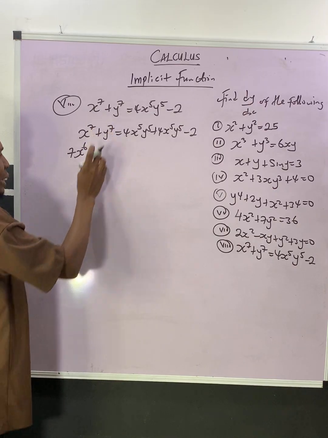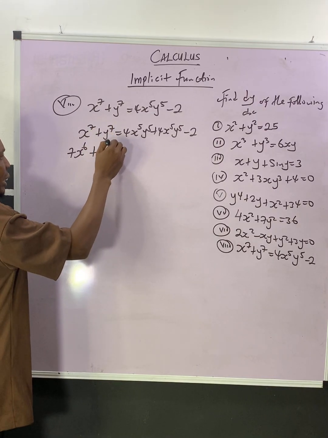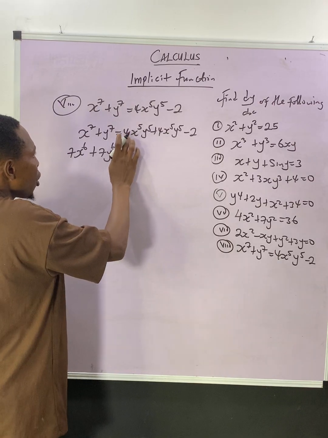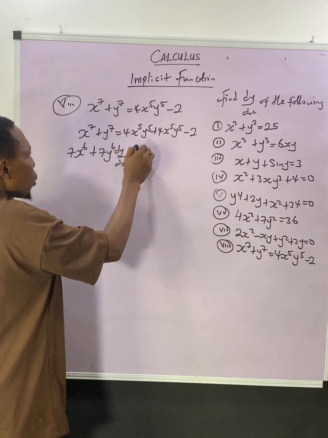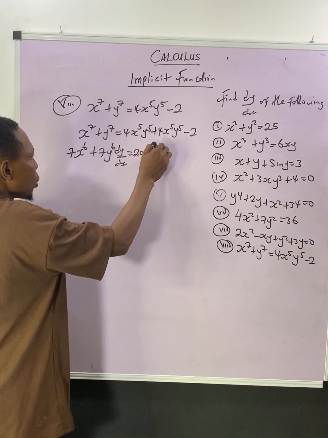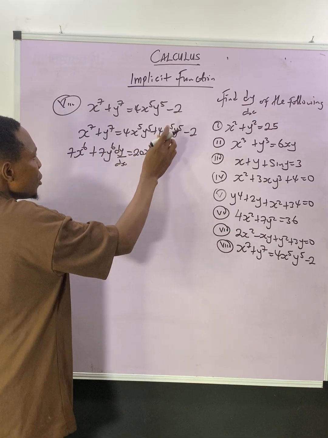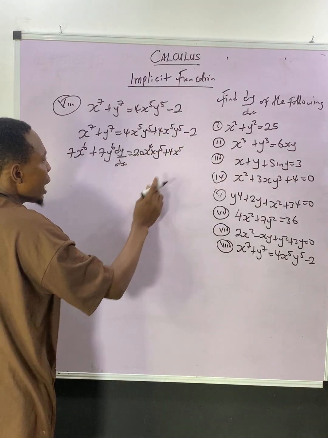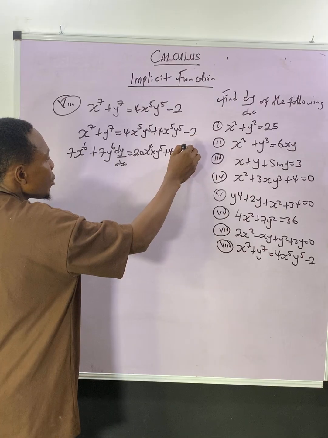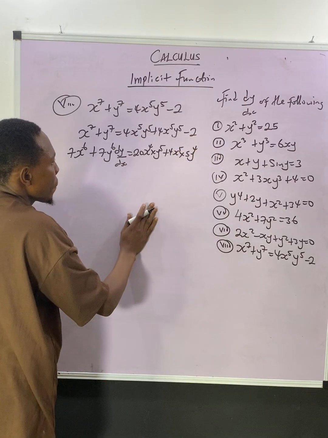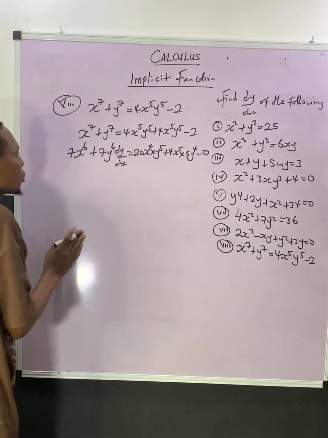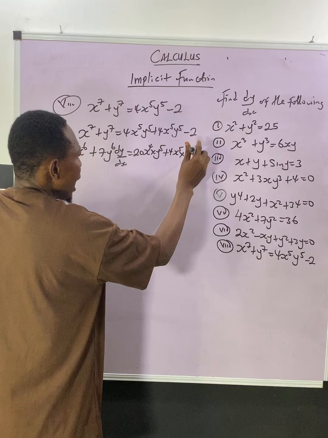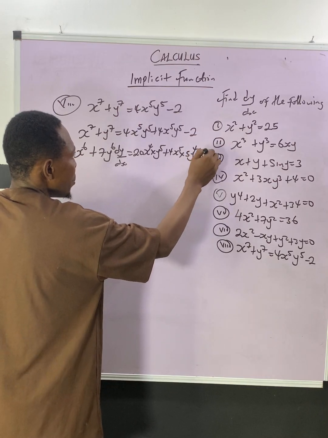Then plus, if we differentiate y to the 7, we have 7y to the 6 dy/dx, equals, here if we differentiate 4x to the 5, we have 20x to the 4 times y to the 5. Then for the y, if we differentiate y to the 5, we have 5y to the 4, minus 0, and we add dy/dx.